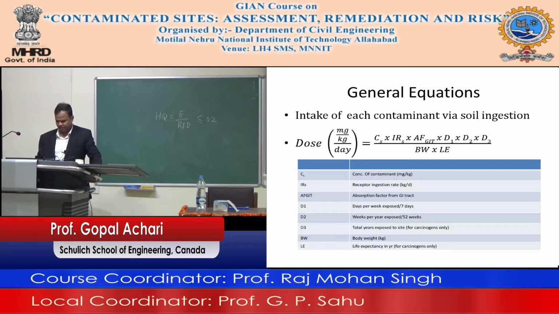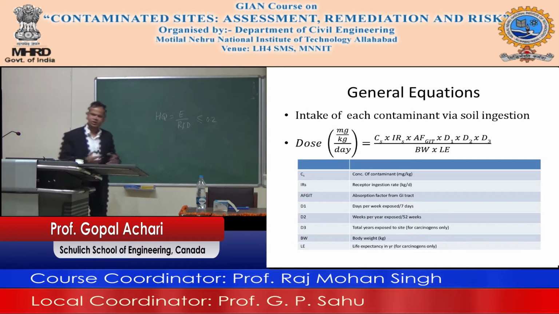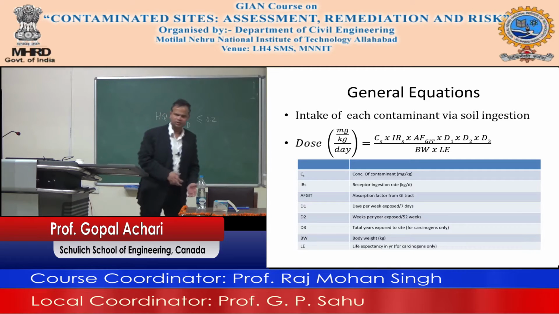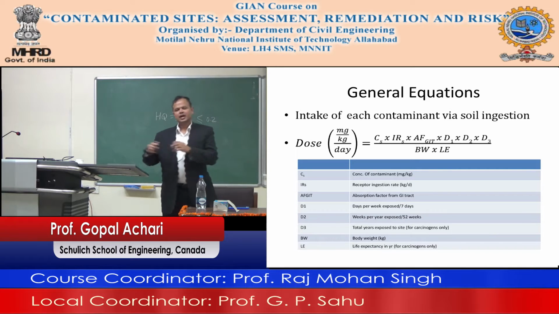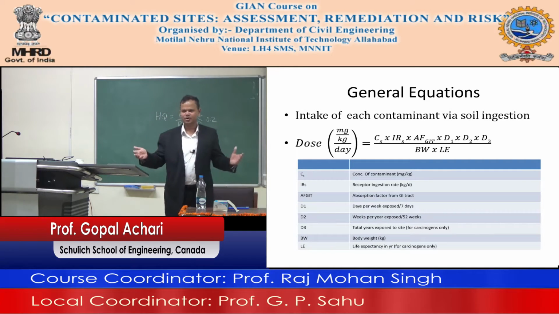If I go here, the next one is dose from dust in the air. Okay, particulate concentrations, similar stuff. If you look at all these equations that I have here, they're all similar. Drinking water, all they're saying is what is the concentration present in drinking water, how much am I drinking, how much of it gets absorbed, how long am I drinking, and what is my body weight.